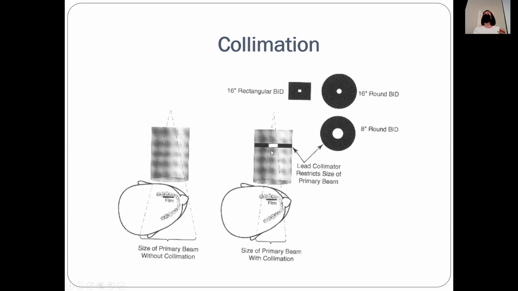Whereas if we add a collimator, it narrows it. It's still covering the film, the exact area that we want, but they're not getting any on their nose, their temple, or any other part of their face. It restricts the size of the beam to focus it right over where the sensor is, where we want it.